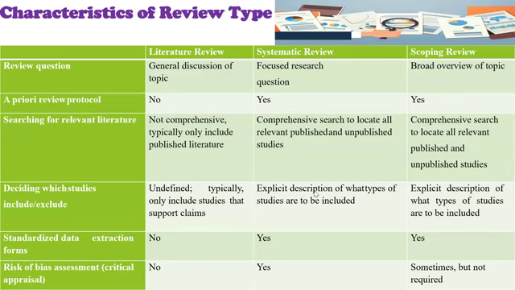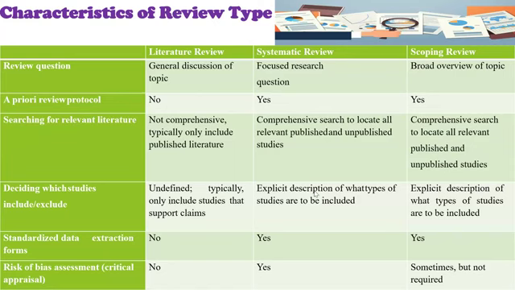Also, when it comes to searching for relevant literature, in the normal review it is not compulsory to comprehensively search for materials. While for systematic and scoping review, you must search databases to look for material. That is why some reviewers will tell you that you must not use the Scopus database alone.